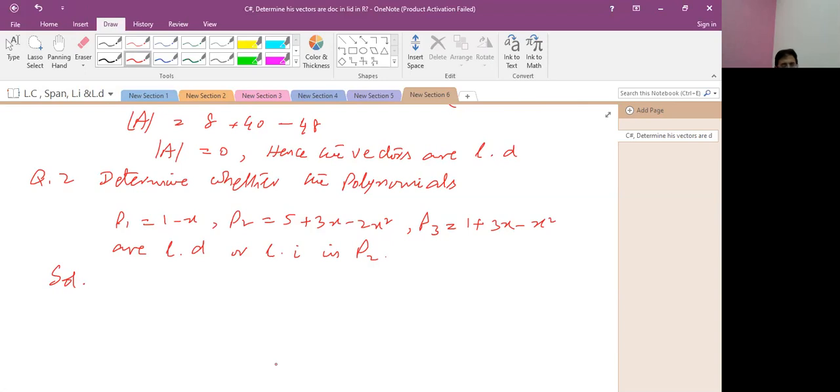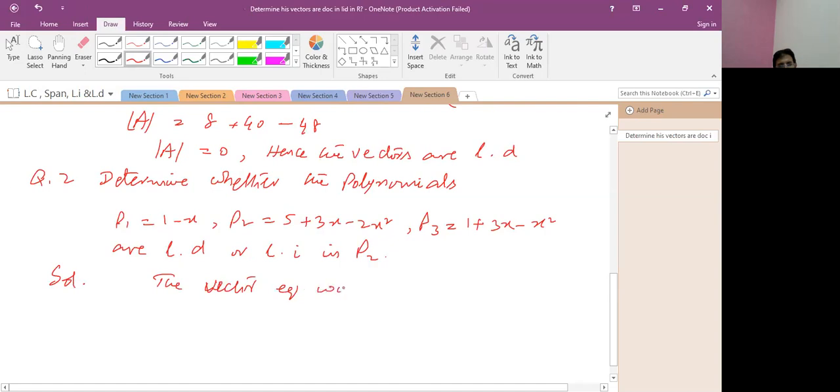The vector equation will be, in terms of polynomials, student, k1 p1 plus k2 p2 plus k3 p3 equals to 0.